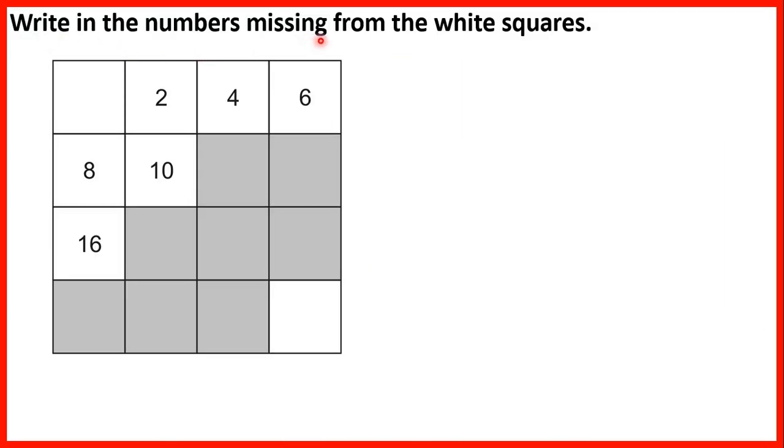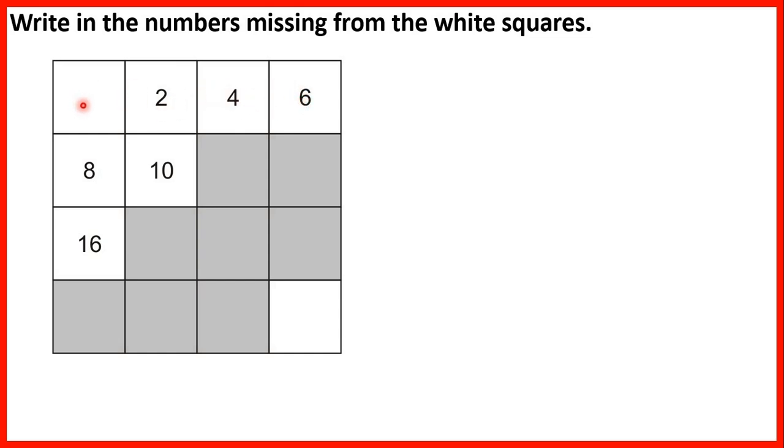Write in the numbers missing from the white squares. So we have a white square with a number missing here, and we can see that what comes after it is 2, 4, 6, so we're adding 2 each time.